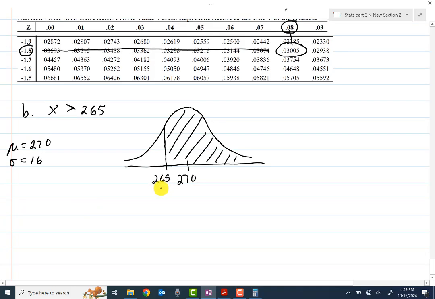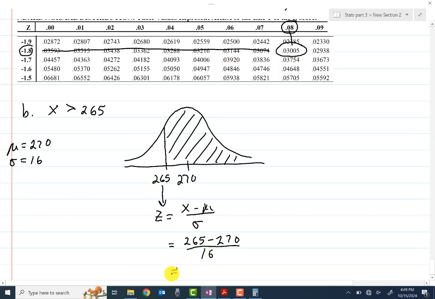And as before, let's go get a z value for the boundary. So it's x minus mu divided by sigma. X was 265 minus 270, and sigma was 16.